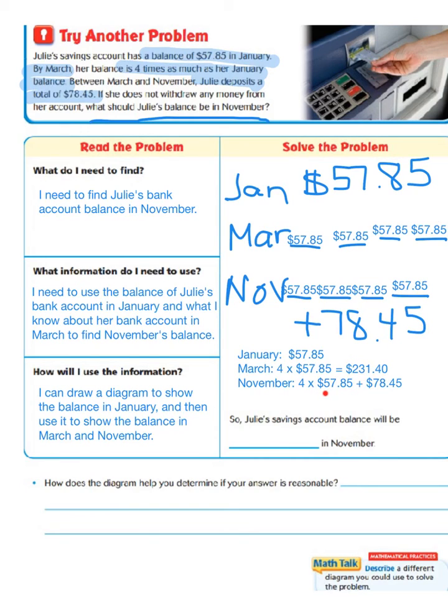Now 4 times $57.85 plus $78.45 equals $309.85. So Julie's savings account balance will be $309.85 in November.